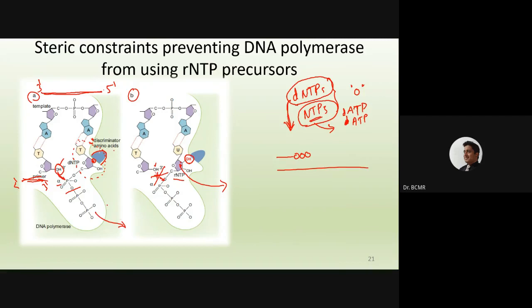Even though the concentration of dNTPs is very low compared to that of NTPs, and the chemical difference between NTPs and dNTPs is just one oxygen atom, DNA polymerase can still differentiate between rNTP and dNTP. Thereby, it only allows incorporation of dNTPs into DNA and eliminates any rNTPs that may have entered the active site.